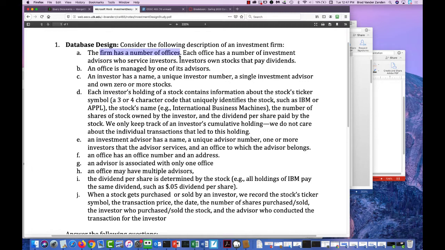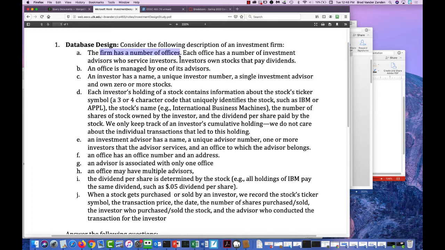Okay? So the firm is the database. This is the thing that we're creating the database for. There is only one instance of the firm. Okay? So it is not a relation. It is not an entity. It is the database.